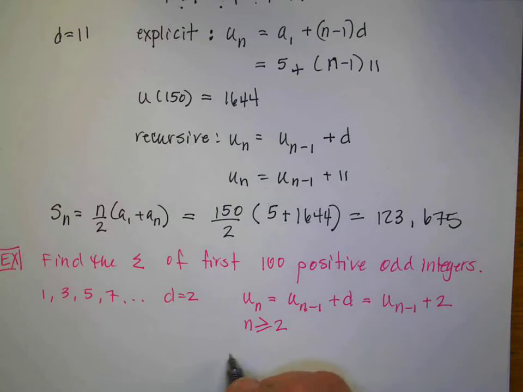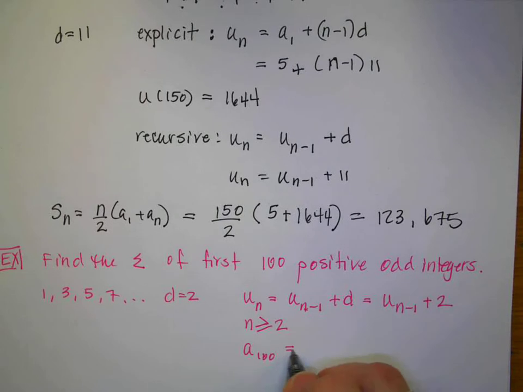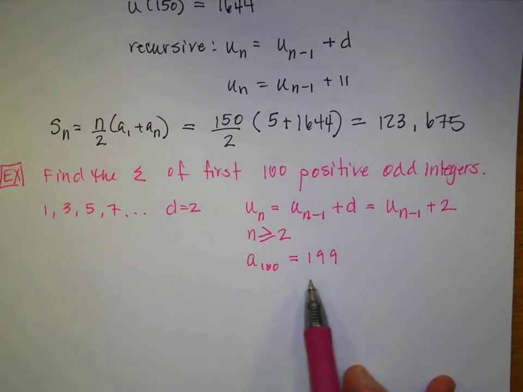I would put this rule in my calculator because I need to have the 100th term. Well, if I find u sub 100, sorry, I flip-flop variables, no significance, it would equal 199.